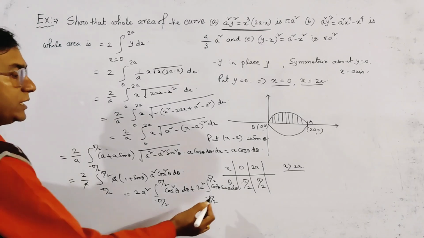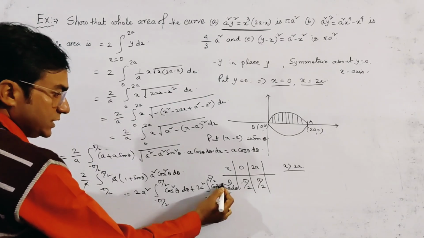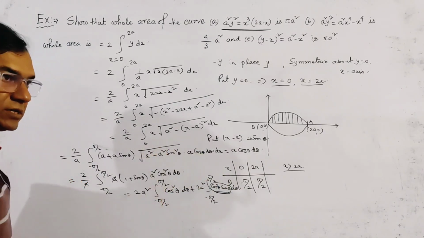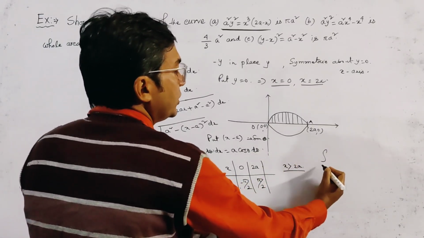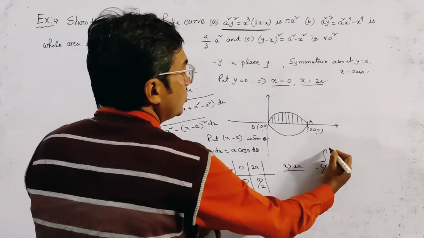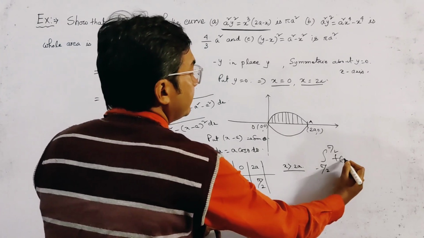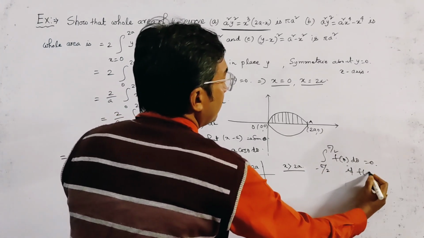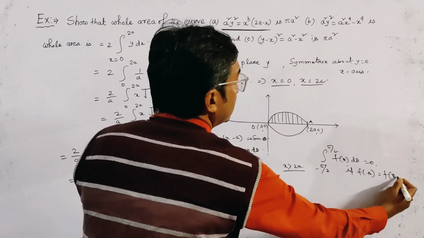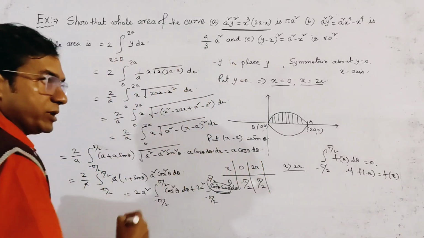Clearly this integrand is an odd function, and we know that if f(x) is an odd function, then the integral from minus pi by 2 to pi by 2 of f(theta) d theta equals 0, if f(minus theta) equals minus f(theta), that is, an odd function.